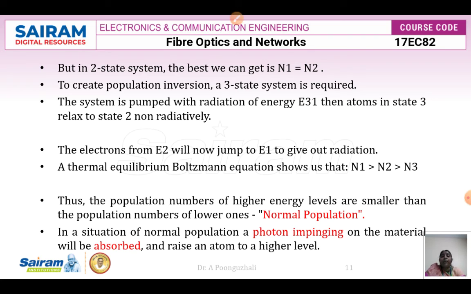When the population numbers of the higher energy levels are smaller than those of the lower ones, we call it normal population. A photon impinging on the material will be absorbed and raise the atom to a higher energy level.